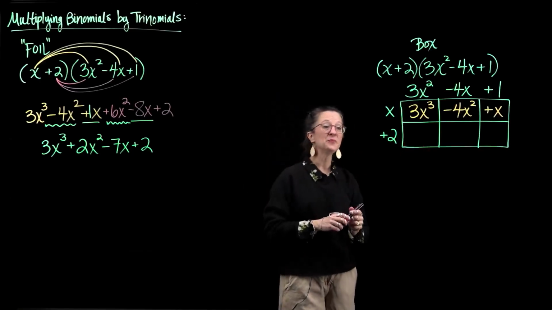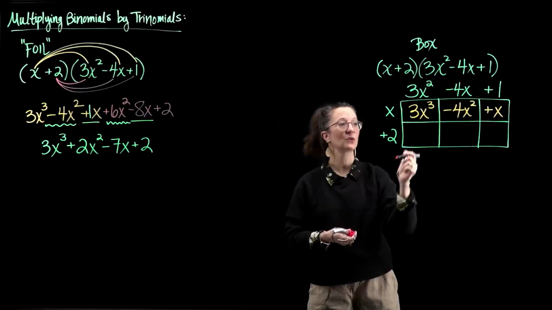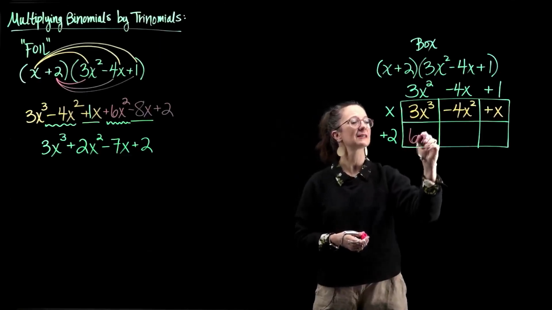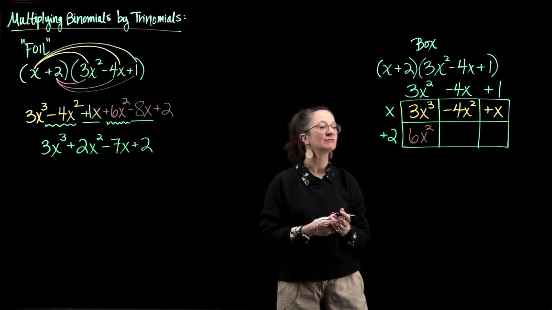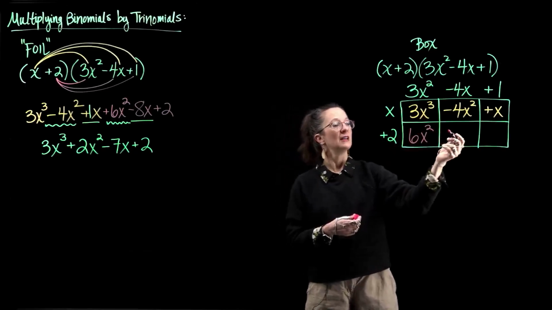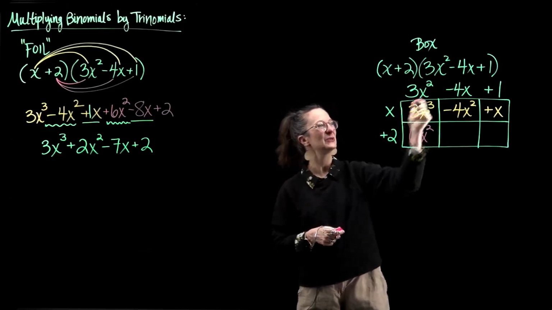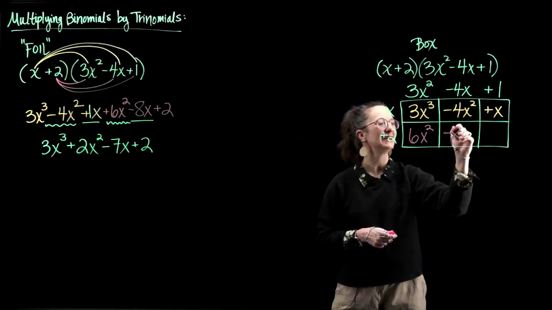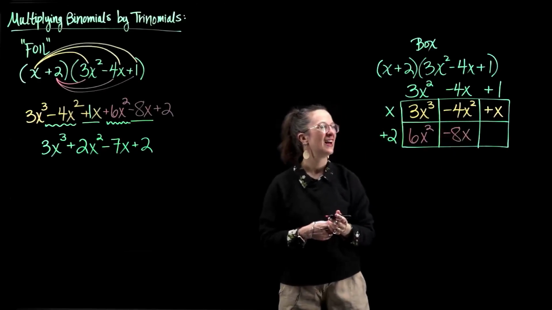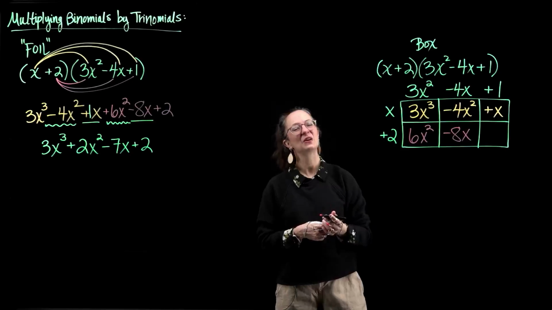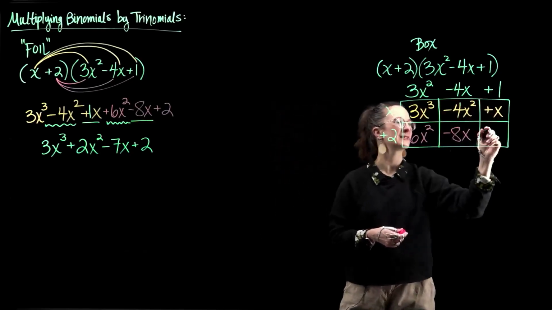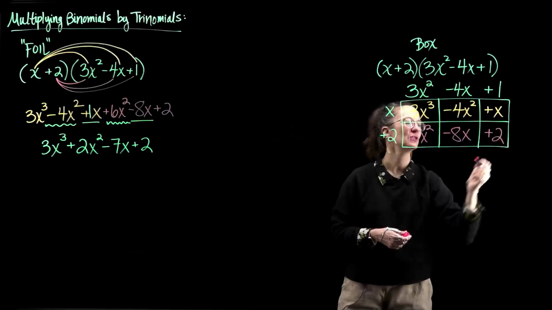Across that second row, I have 2 times 3x squared gives me 6x squared. In the center lower box, I have 2 times negative 4x is minus 8x. And then in that lower right-hand box, 2 times positive 1 gives me plus 2.